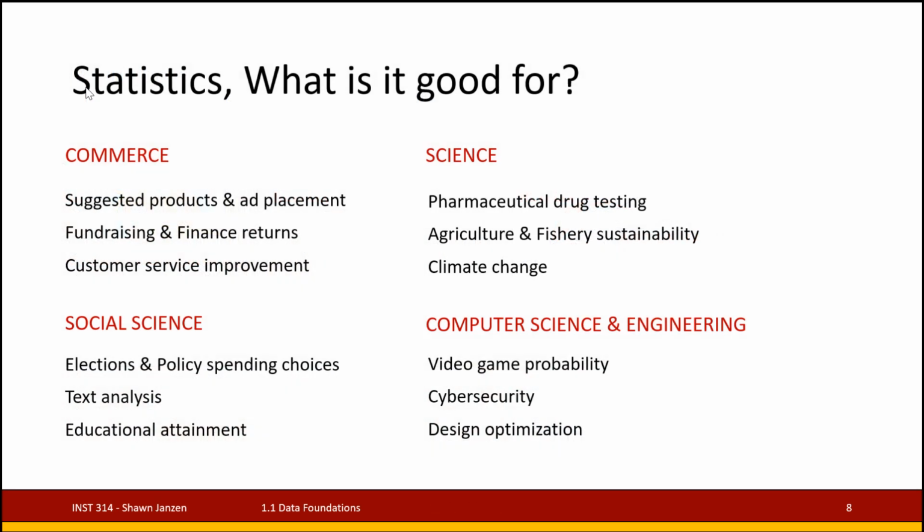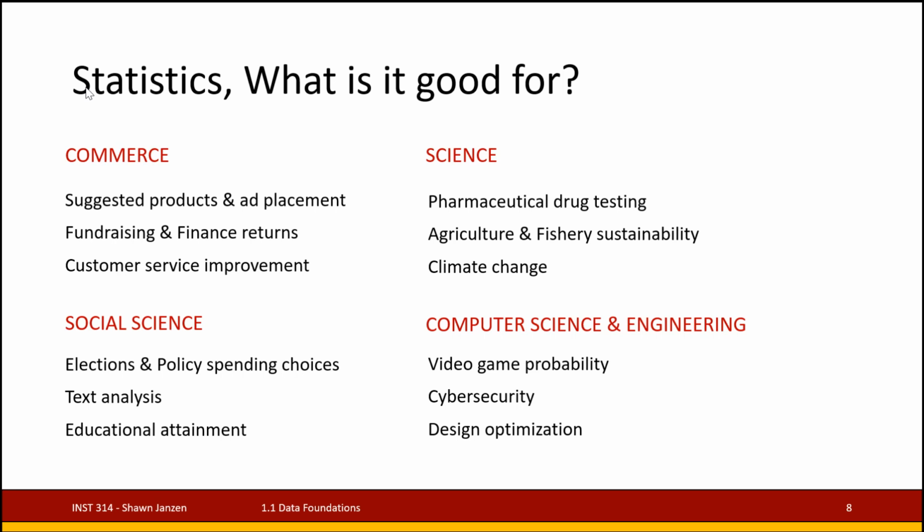So when we're looking at statistics, what is it good for? We're going to find statistics used in all sorts of things, from commercial activities to science, social science, computer science, and engineering. When we look at commerce, you just mentioned things like suggested product placement, but we're also looking at fundraising and finance returns. How do we know when we send out those letters asking please send us a donation?